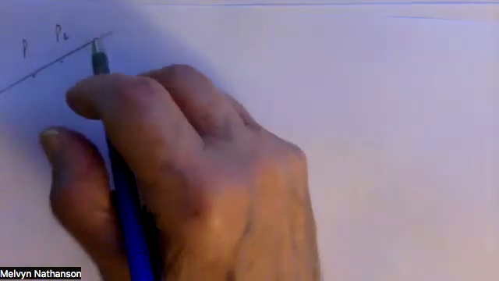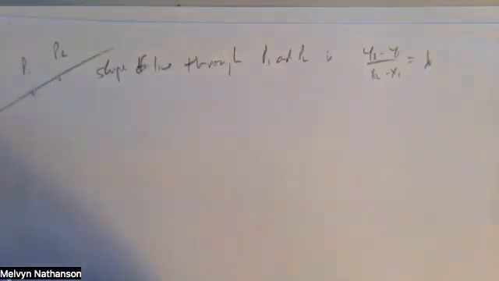So what was it that I did when I solved a particular problem? We had two points, P1 and P2, and I found the equation of the line through those points. The first thing I did was say that the slope of the line through P1 and P2 is y2 minus y1 over x2 minus x1. And that is the number that is being called lambda in the text.